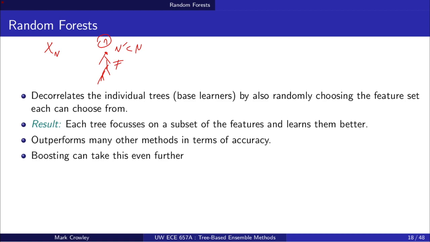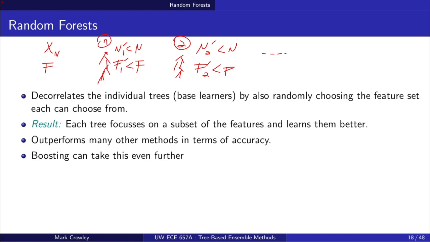But we're also going to use some set of features which is less than the entire set of features, and randomly sample that too, right? The second tree is going to be some other set of things, a different set of data points and a different subset of the features. And we continue in the same way.